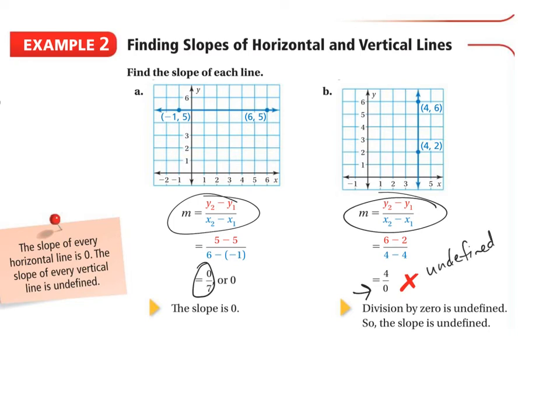Okay, I'm going to show you how to remember that too. 2 ways. Here's how I like to remember it. This is actually Mrs. France's little thing. But 0 on top is okay. 0 on bottom, no. So you notice that the 0's on top here. So this is the one that's okay, because it's 0 divided by something. You're not dividing by 0. Okay, so hopefully that helps you to remember.